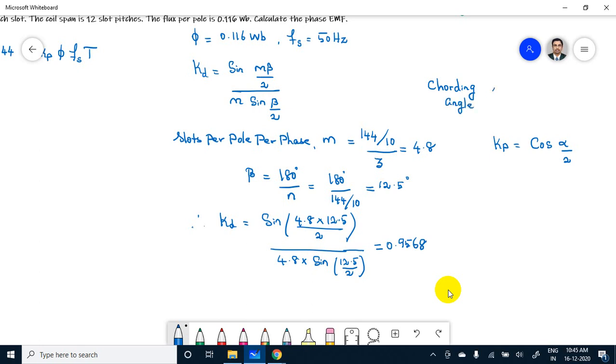Alpha equal to the formula, total 180 degree minus coil span, equal to 180 degree minus coil span. Coil span is nothing but how much?